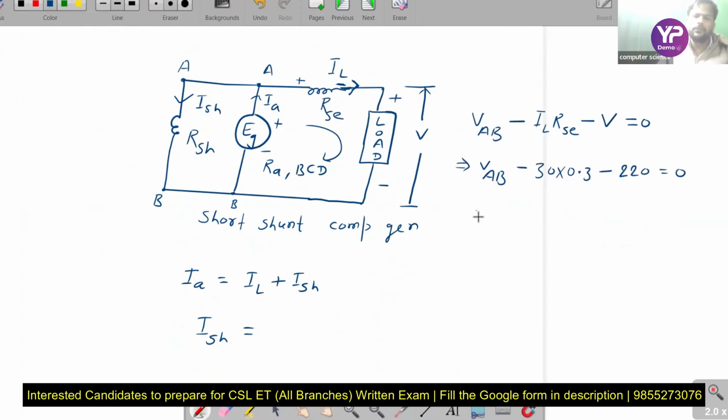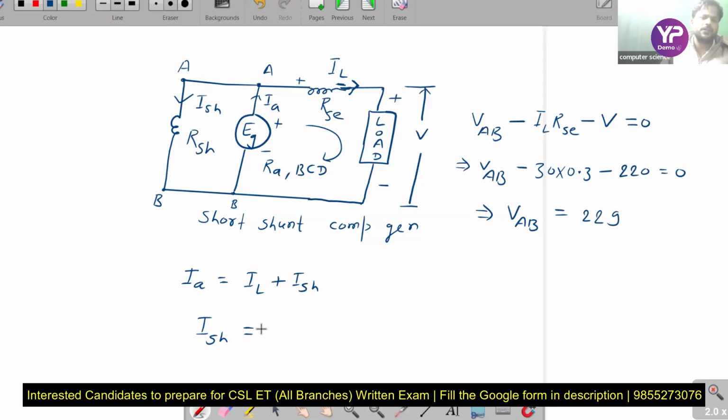When we simplify, we get the voltage VAB equal to 220 plus 30 times 0.3, which is 9. When we add 220 and 9, the value is 229.